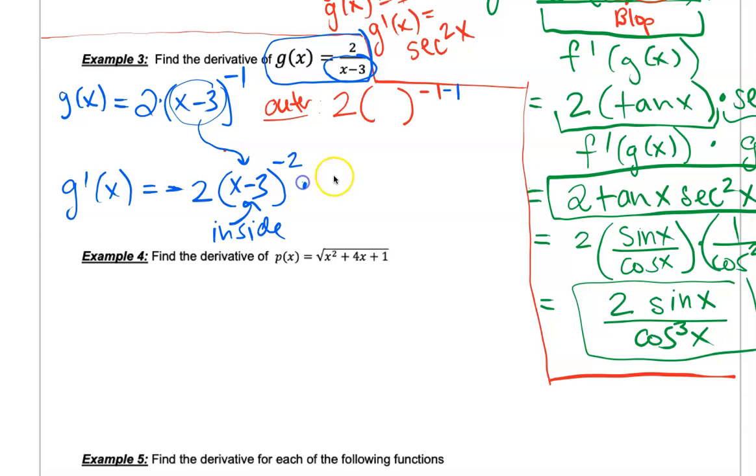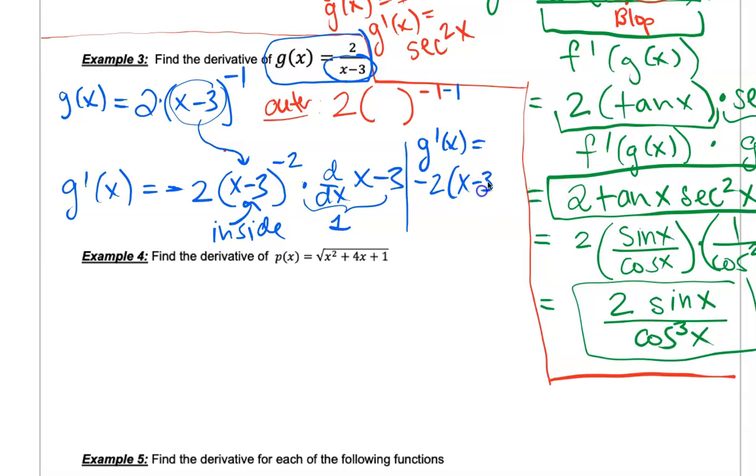And then here's where we multiply by the derivative of that inside part, the derivative of x minus 3. But the derivative of x minus 3 is just 1. So I would just be multiplying by 1. And that means that my derivative in this example is just equal to negative 2 times the quantity x minus 3 to the power of negative 2.